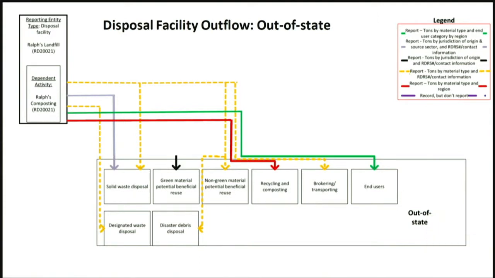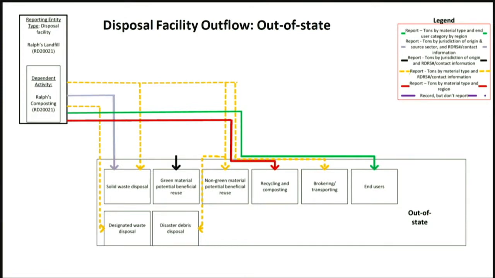The only difference is, again, the recycling and composting outflow, if you were to send to that, you wouldn't provide the contact information or end user category for that material. And I think my green material arrow might have got cut off, but in any case, that's the black arrow, meaning you retain jurisdiction of origin information for material that's sent out of state.